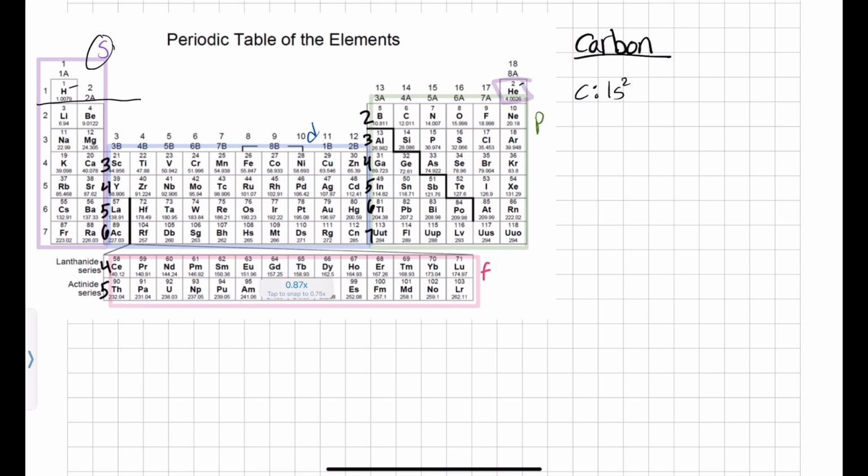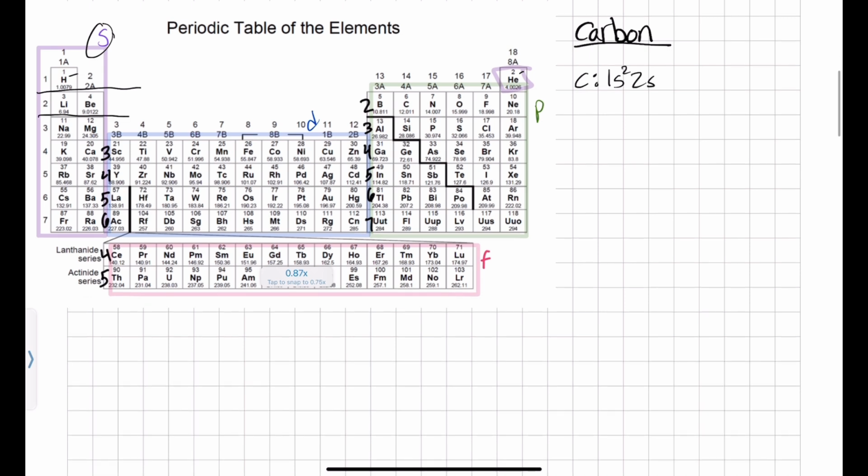And then we go down to period 2, 2s2, and then here at 2p, 1, 2, 2p2. So the electron configuration for carbon is 1s2, 2s2, 2p2.